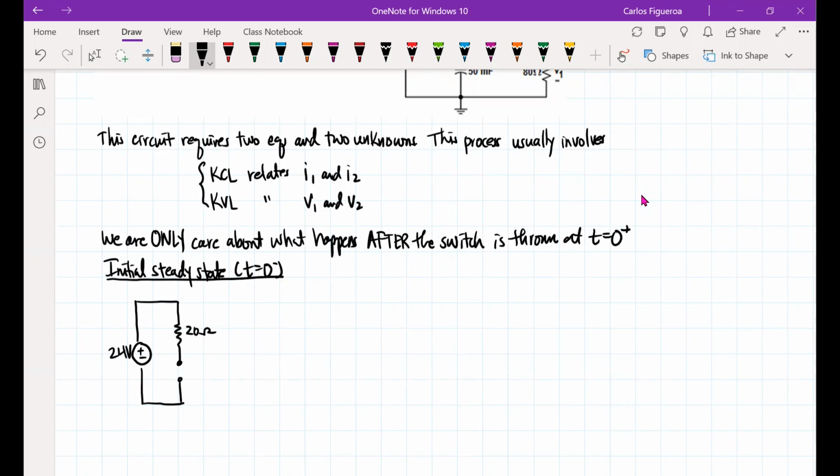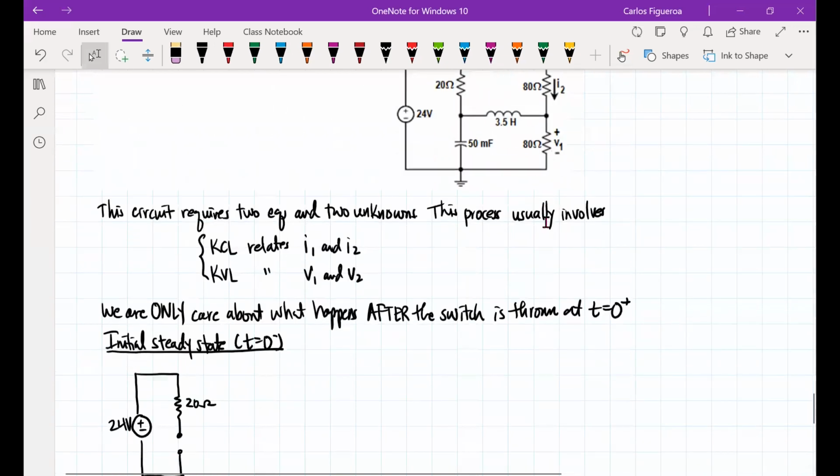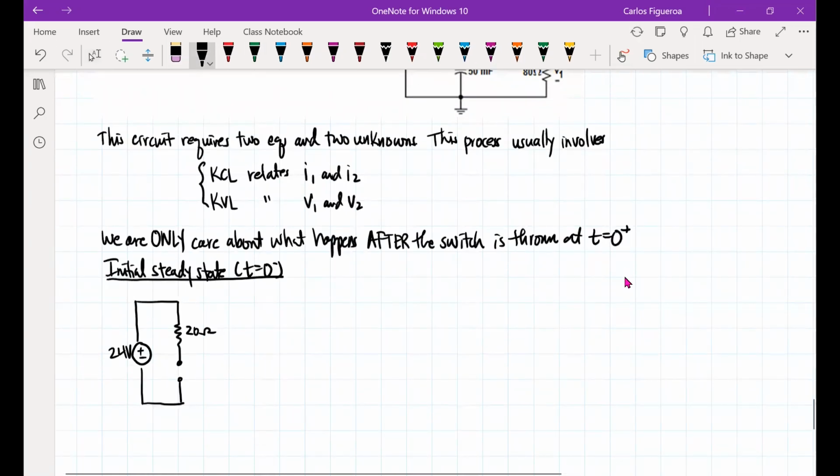And because that second 80 ohm resistor doesn't occur, it's this first one that really occurs. So I'm going to put my other 80 ohm resistor right in here.